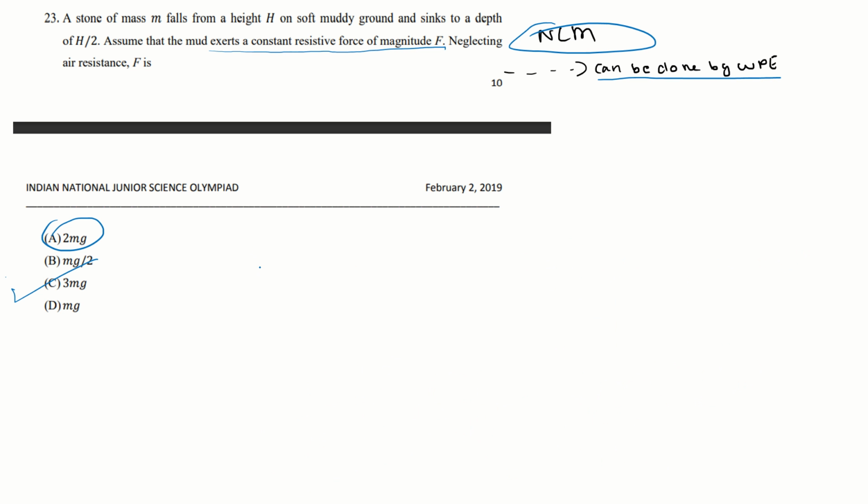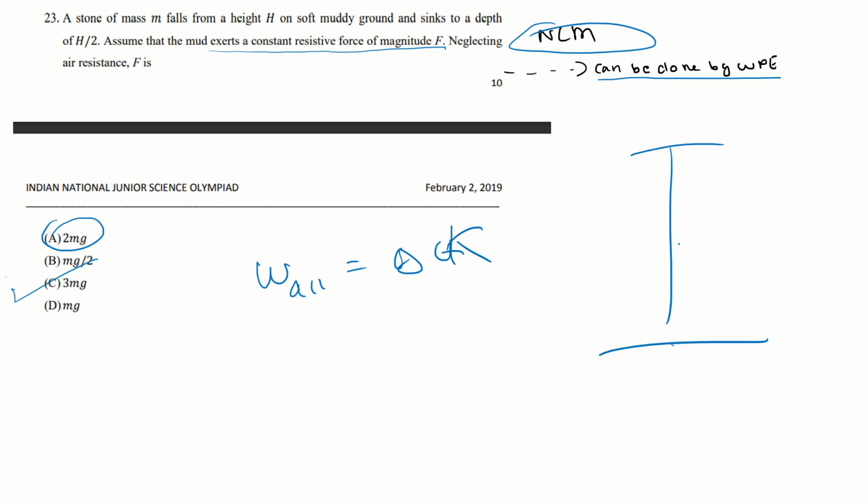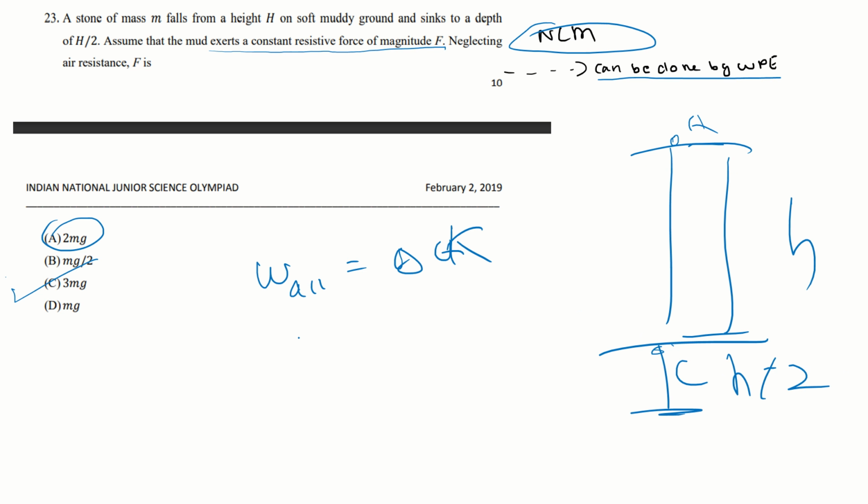So we know that work by all is equal to delta K. So let's simply apply it from A to C. So this is A, this is C, this is H, and this is H upon 2. So work by all is the work by gravity minus the work by the resistive force, that is F dot S. So minus F dot S, and S is obviously this distance because the force acts from here to here.